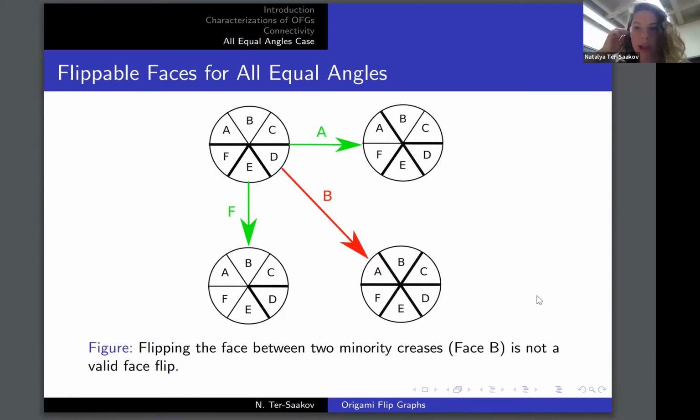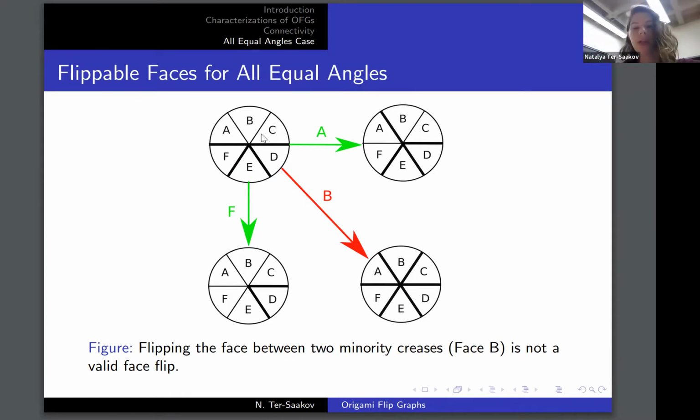If we were to think back to this image where we had the all equal angles case for 6, B is surrounded by 2 minority creases, 2 valleys, and flipping that violates Maekawa's. A has 1 of each. Flipping that just keeps the number of mountains and valleys the same.